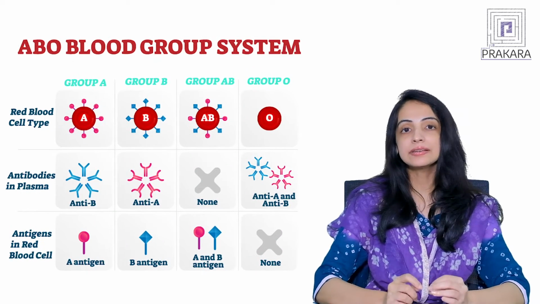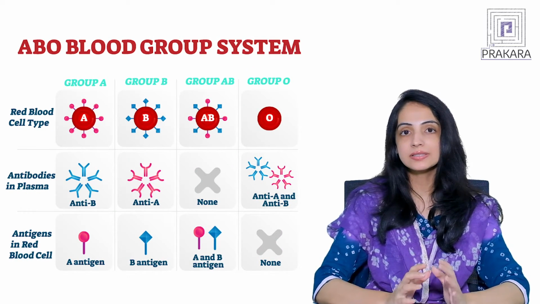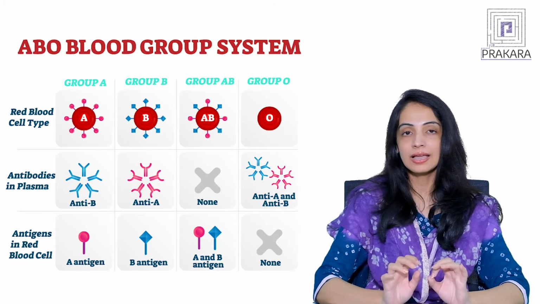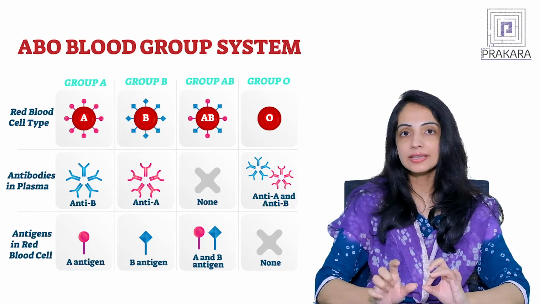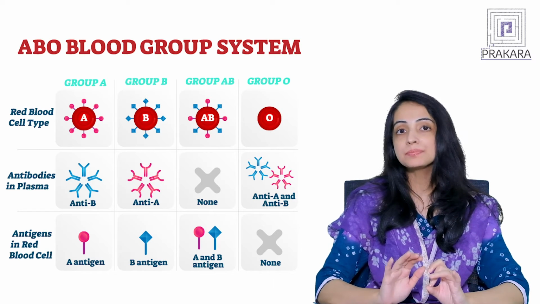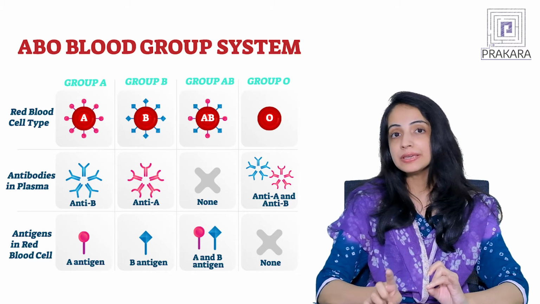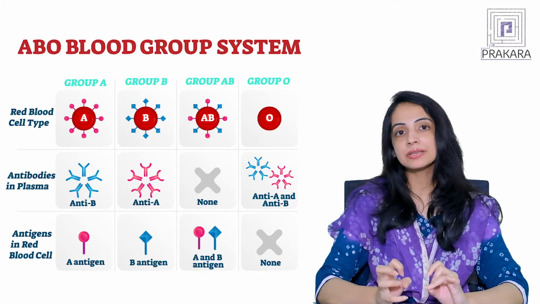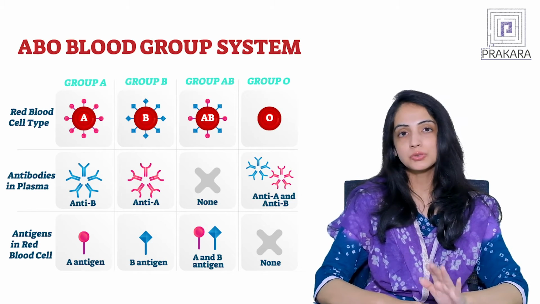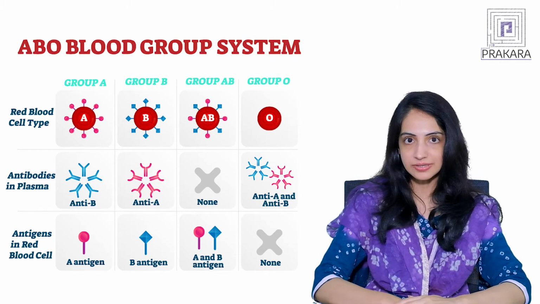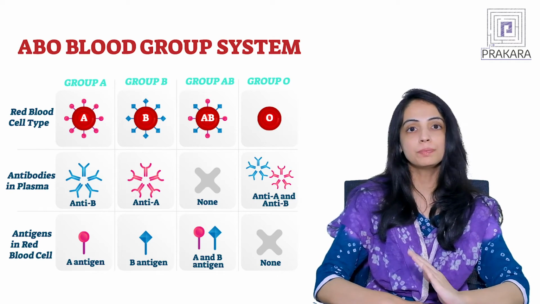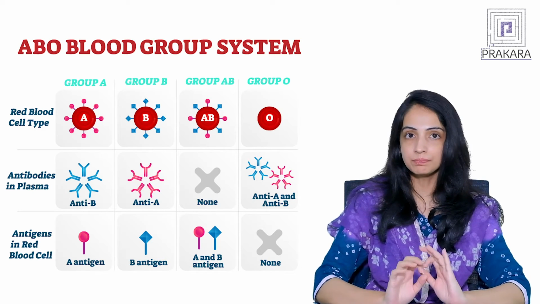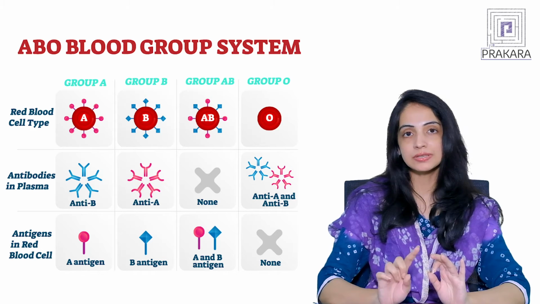This means that if a person's blood has antigen A on its RBC, the anti-A antibody will be absent from its plasma, and instead anti-B antibody will be naturally present in its plasma. So, in a natural occurrence, blood group is determined by the antigen present on the RBC.